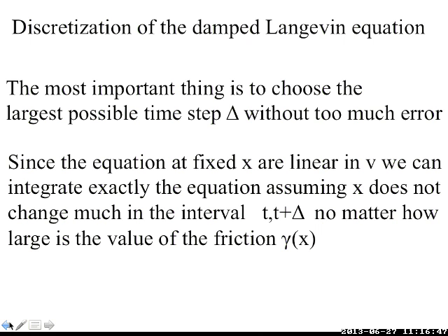Of course, there is a criterion. Suppose that gamma is essentially diagonal, gamma 0 times the identity. Of course, the correlation exists, but it is almost diagonal. According to an argument by Maury and Roberto Car, this gamma 0, which has the dimension of a frequency, should be equal to the smallest frequency in the system.